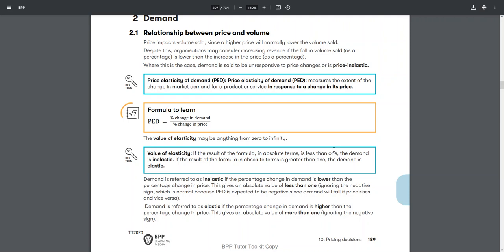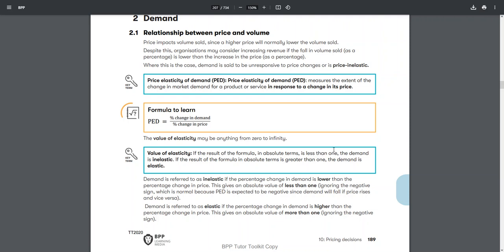We saw that in life cycle costing as well, where I told you that in the introduction stage, demand is going to be elastic, which means a slight change in price would mean demand increases or decreases by a high margin. Remember, normally, when prices decrease, demand is going to increase, and when price is increased, demand is going to decrease.